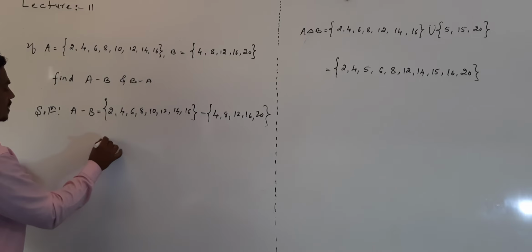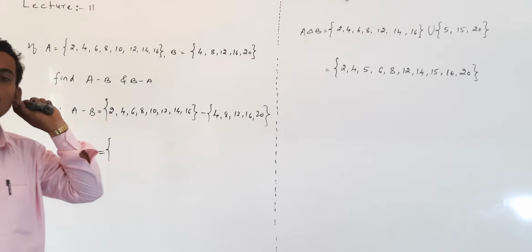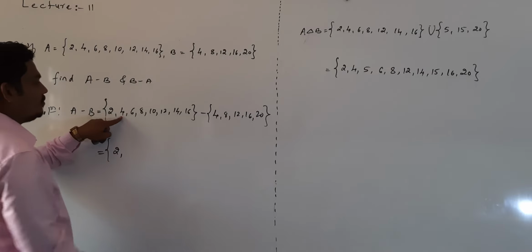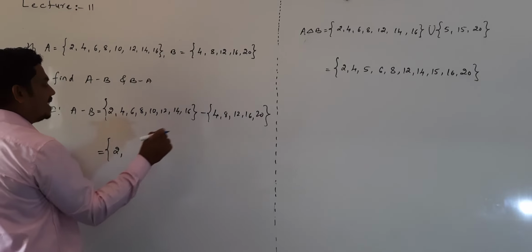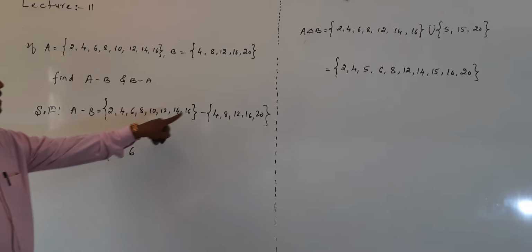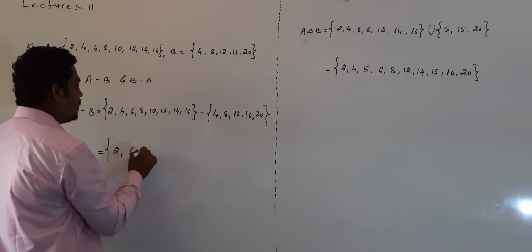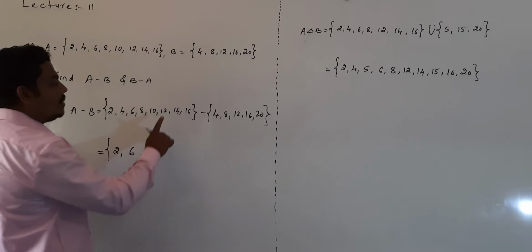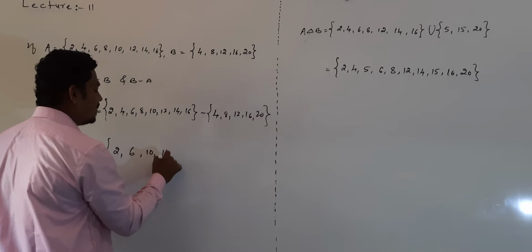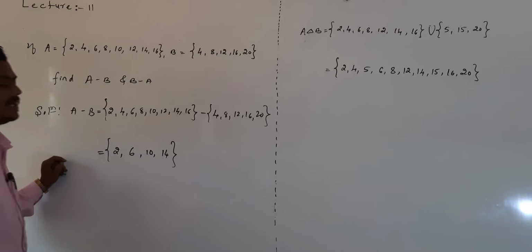Now A minus B: write all those elements in A but not in B, only in A. 2 is present only in A. 4 is present in both sets, 4 gets cancelled. 6 is present in A only. 8 is present in both sets, gets cancelled. 10 is there in the first set only, so write 10. 12 is there in both sets, gets cancelled. 14 is there in the first set only, so write 14. 16 is there in both sets. This is our A minus B.